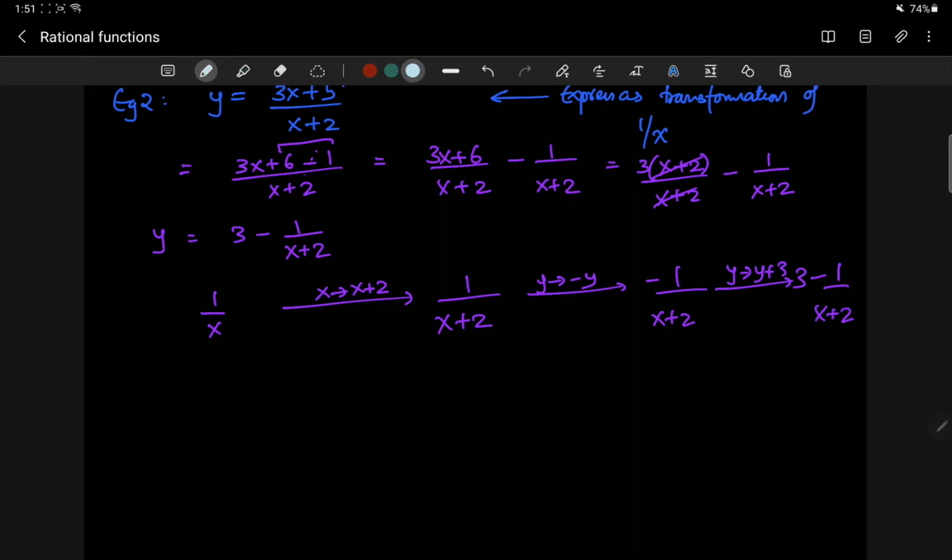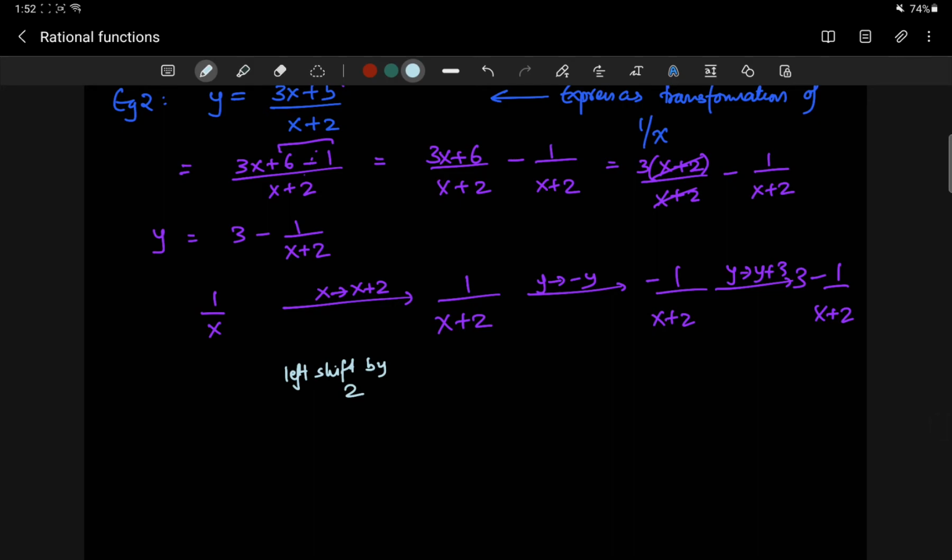Now we know what each of these operations does. This is a left shift by 2. Replacing y by negative y, what does that mean? All of my outputs get switched.